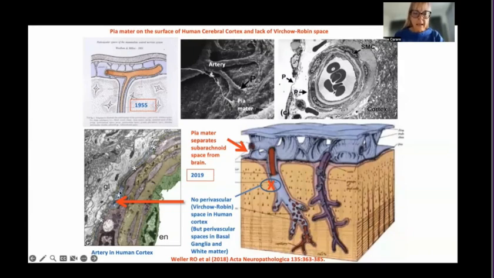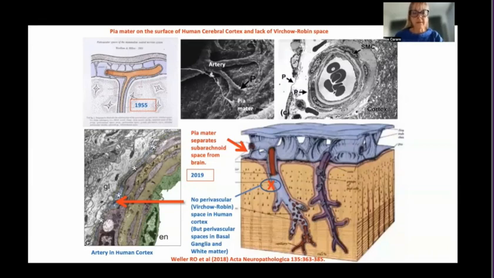And that layer in the cortex is closely adherent to the rest of the wall of the artery without allowing, normally, a perivascular space as such.